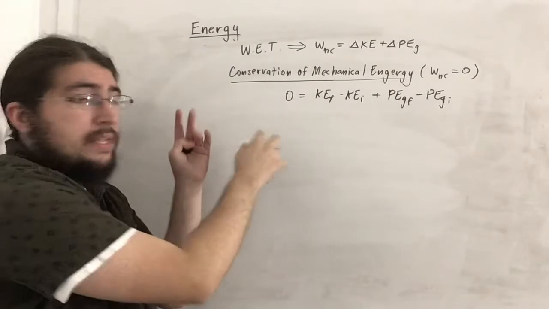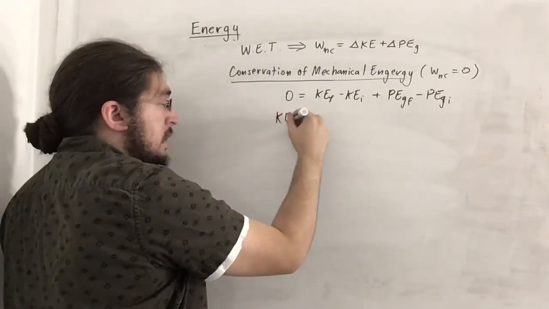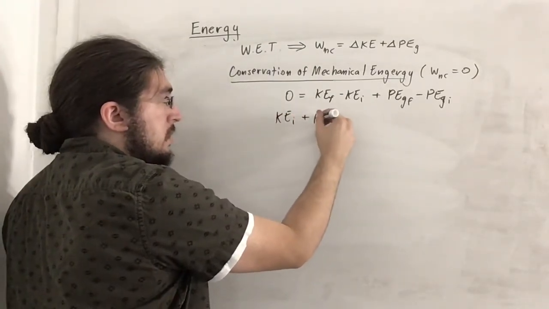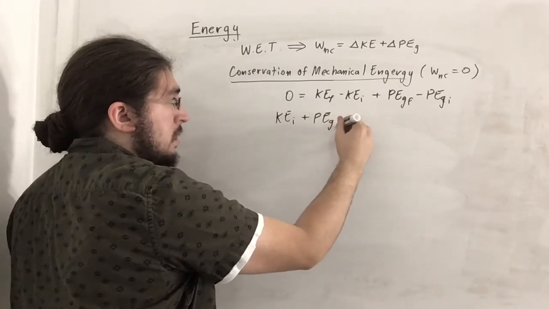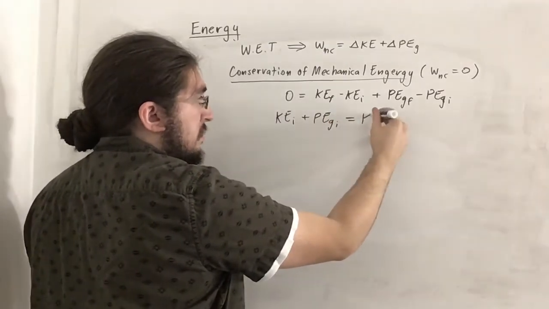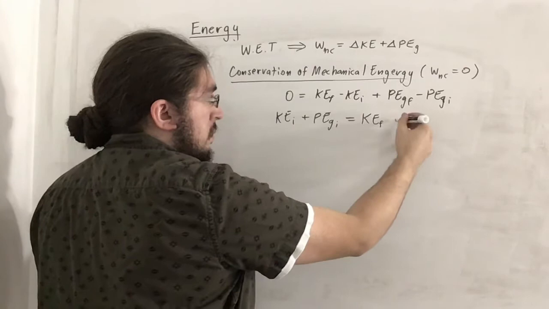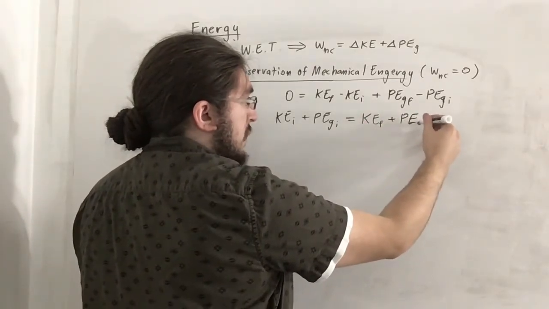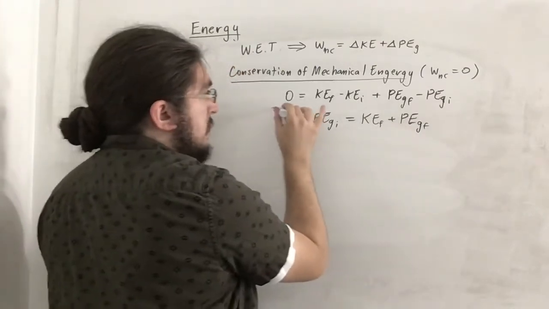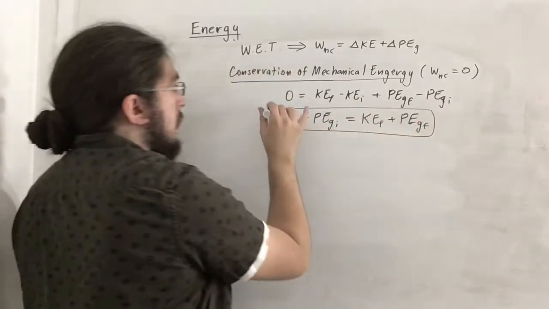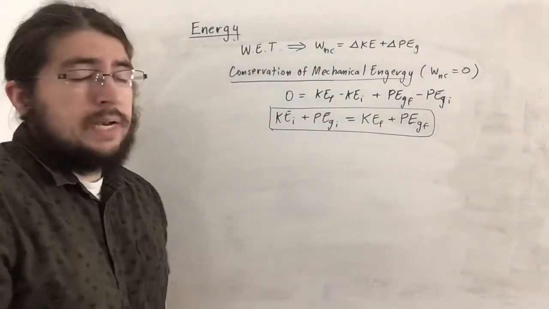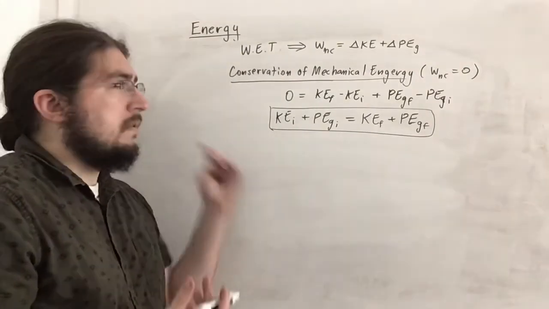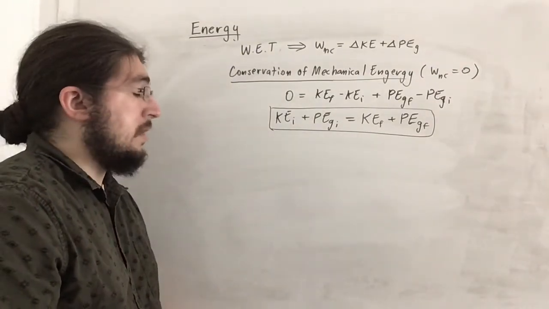So if you add the initials to the other side, you get the initial kinetic energy plus the initial potential energy equals the final kinetic energy plus the final gravitational potential energy. And this right here is the conservation of mechanical energy. It's the principle of conservation of mechanical energy.